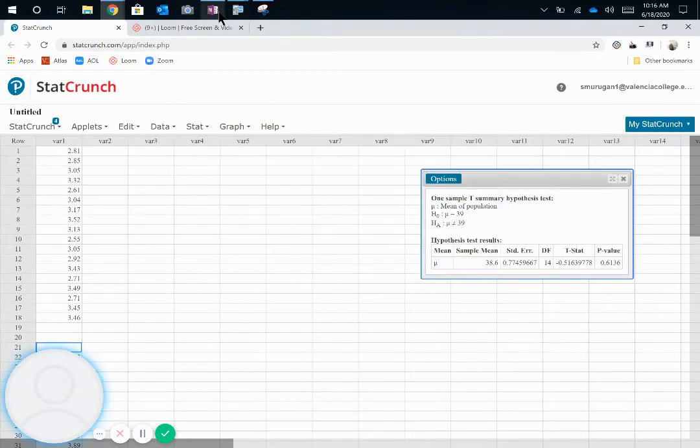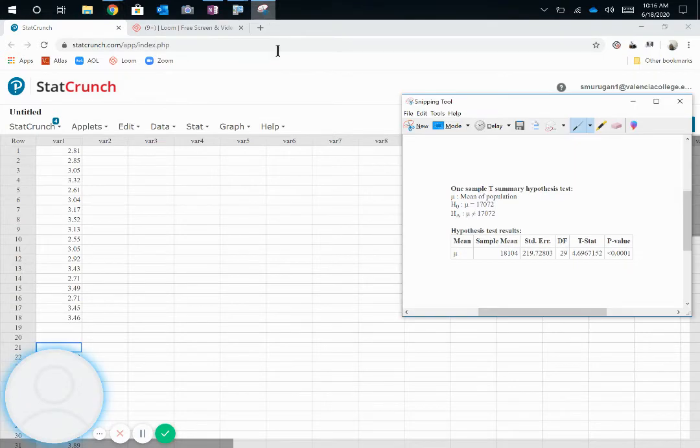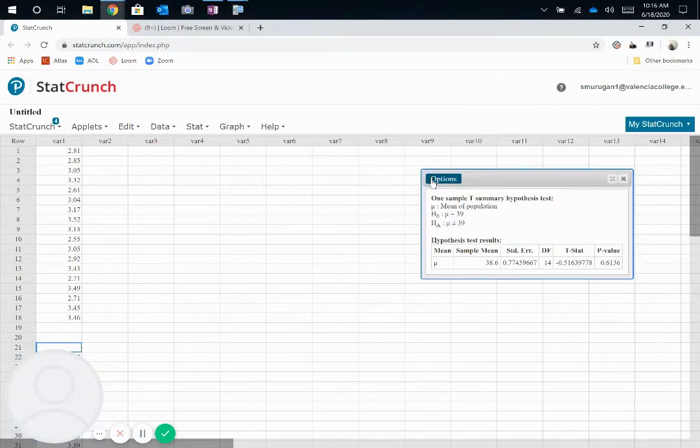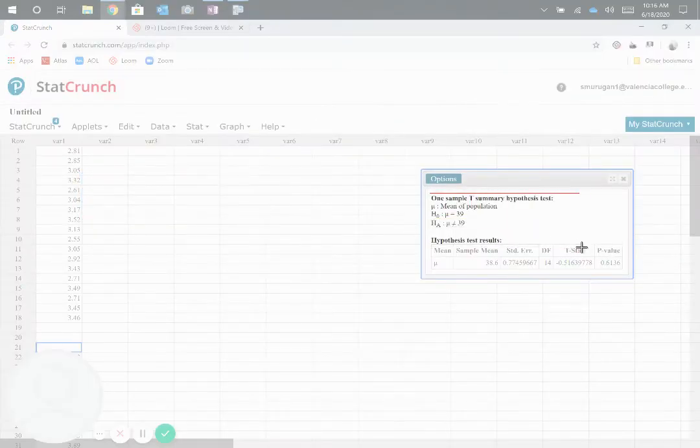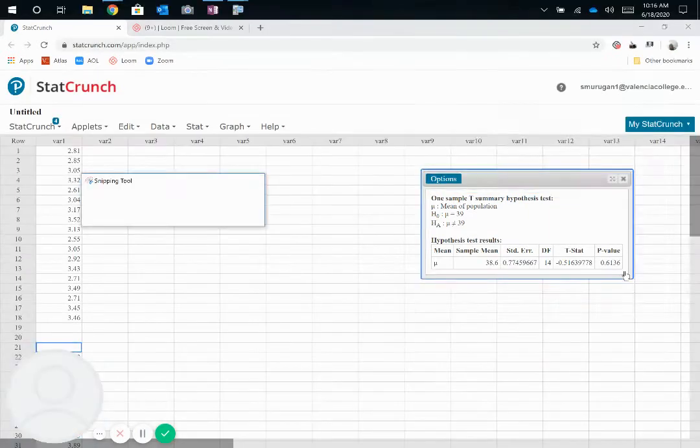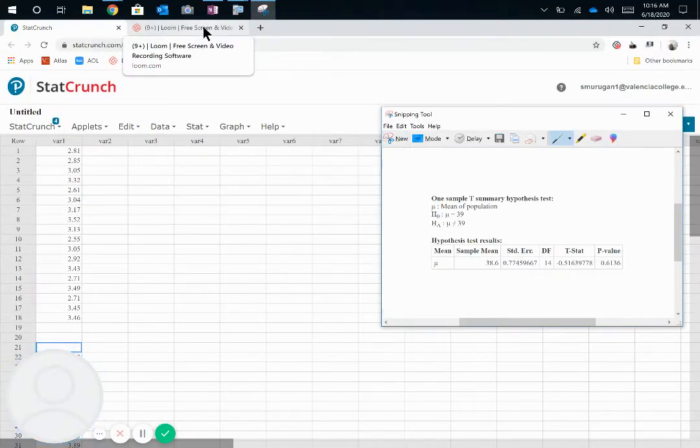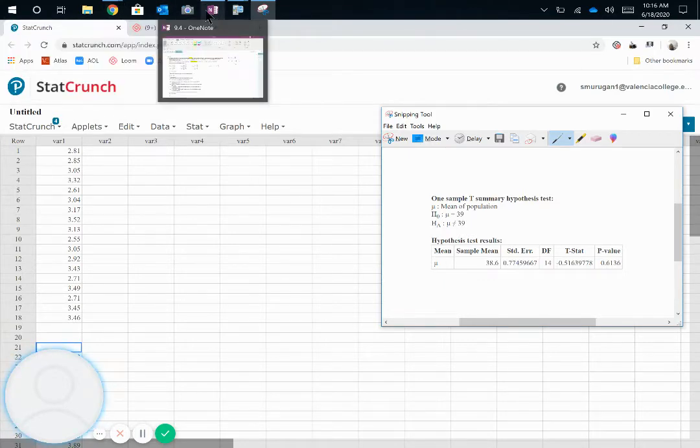So let's copy this and place it over. And I'm also going to do the calculator part so you can see what's happening, yeah? So let's put this into our notes.